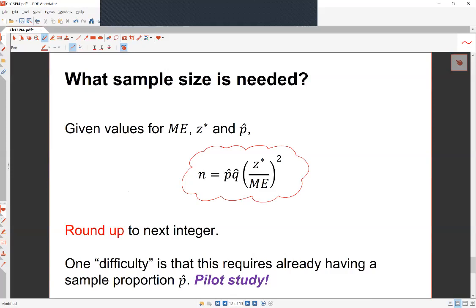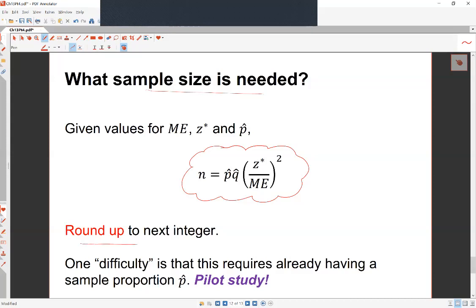So to figure out what sample size you need to specify the desired margin of error, you need to specify z star, which comes from your confidence level, and trickily, you need some sample proportion. We'll talk about that more in a moment. But you're going to do this calculation, and whatever value you get for n, typically it's going to have some decimal part.